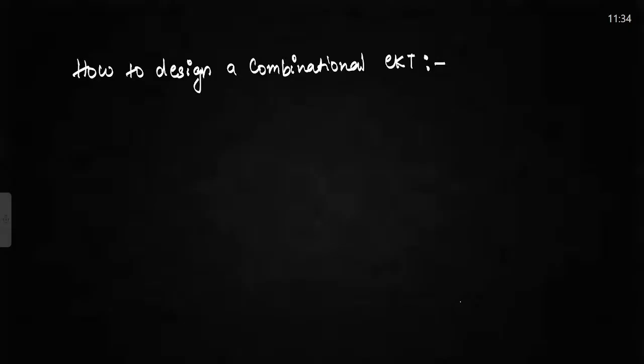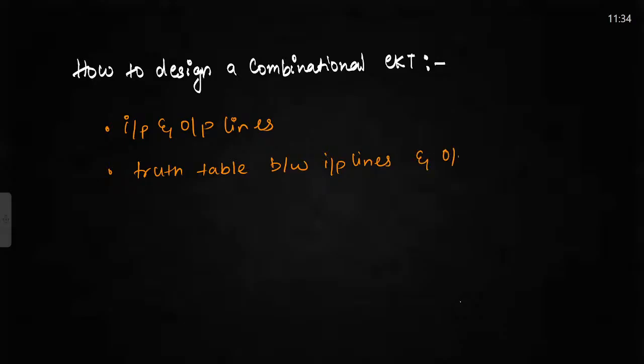First point is we need to identify inputs and outputs. So how many input lines and how many output lines I am having. First we need to identify those, and then you need to write the truth table between input lines and output lines. So for this input, what is my output?